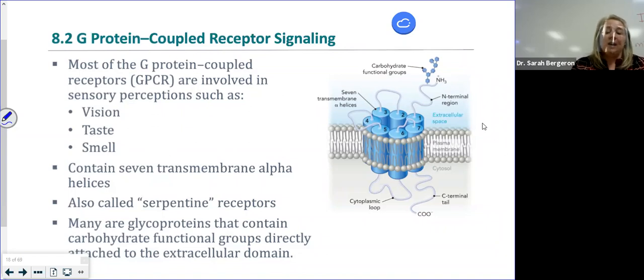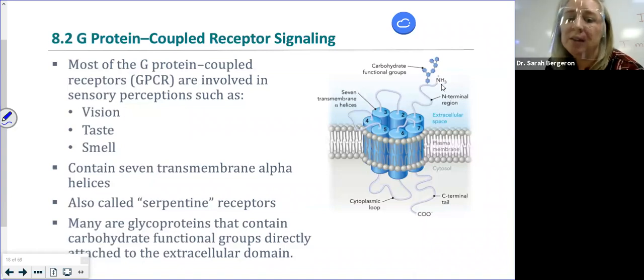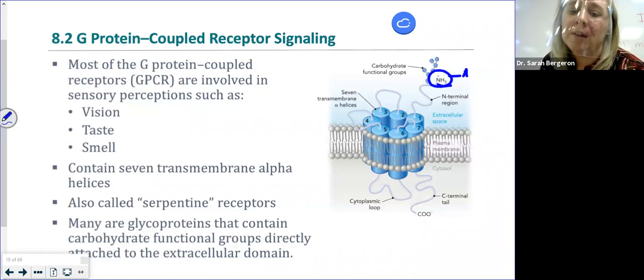So there's a conserved conformation of these proteins within the plasma membrane. Typically, they have 7 transmembrane alpha helices. So each of these cylinders that you see represents an alpha helix. And they call them serpentine, right? Because if you start, so here's the N terminus. Do you see how the N terminus is in the extracellular space?